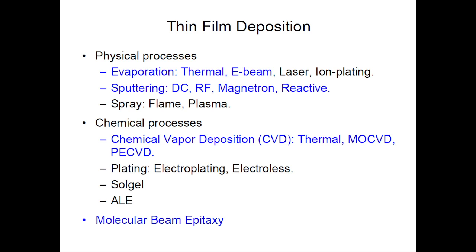Then finally we have one more, called molecular beam epitaxy. So these are the different methods to prepare thin films. Mainly the classification is physical process and chemical process, and molecular beam epitaxy, as we already said, is used to create epitaxial films on a crystal substrate.